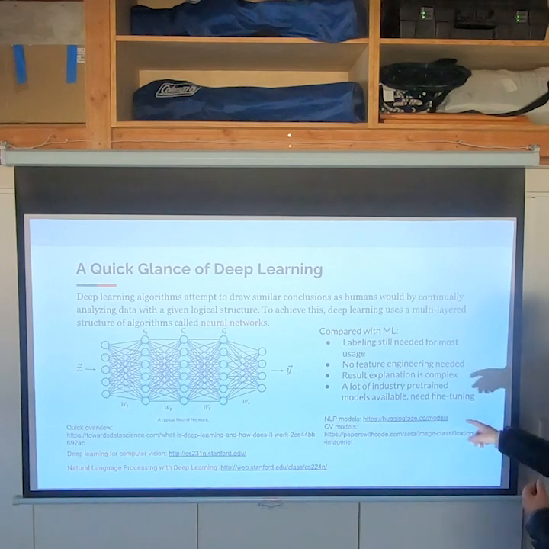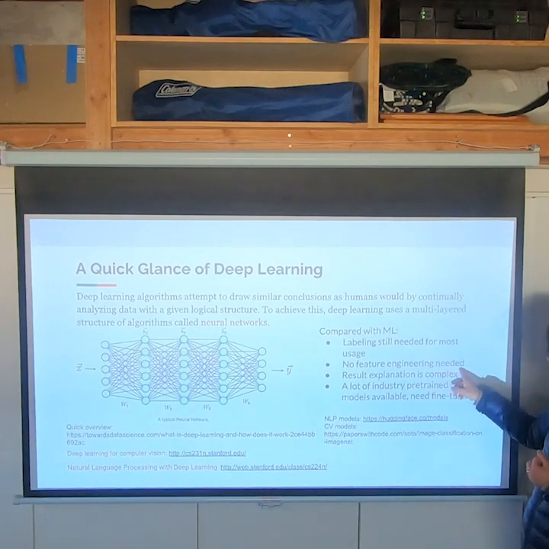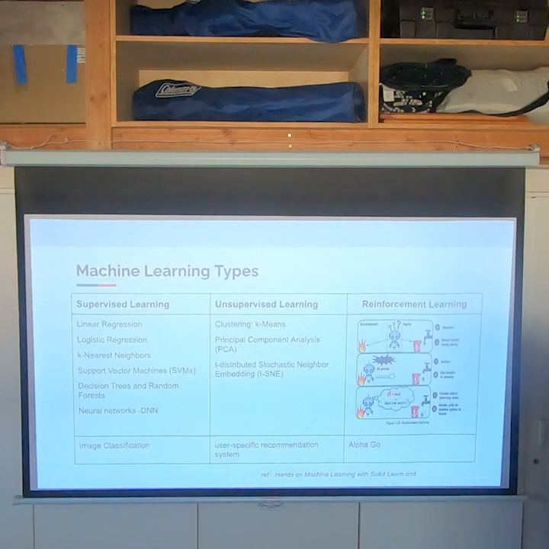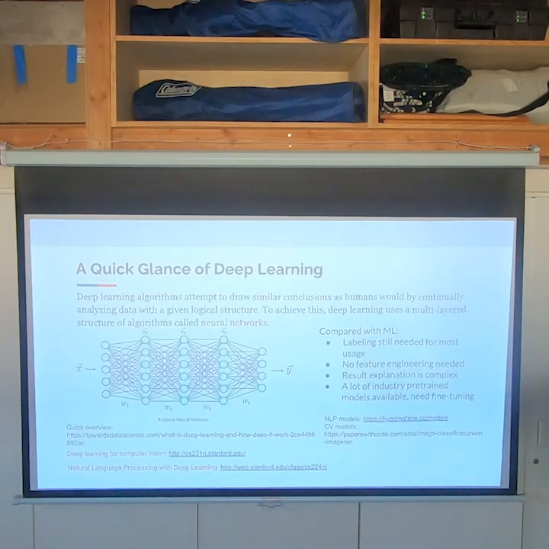And also, no feature engineering is needed. What's feature engineering? I haven't maybe made it clear. Usually, when we have data, it's not one dimension. It's several features, several dimensions.